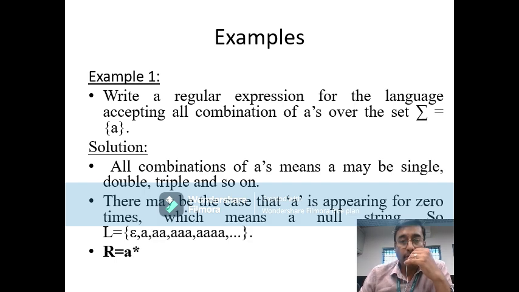So whenever you have a combination of a's like a power star, that star represents that we have to start with this particular epsilon, followed by any number of a's.